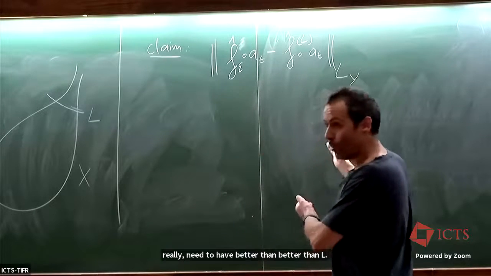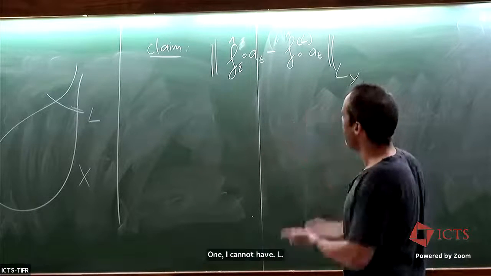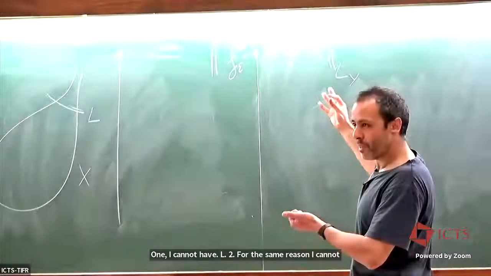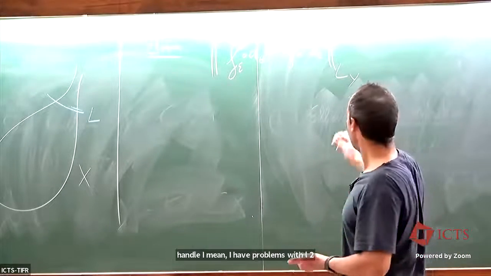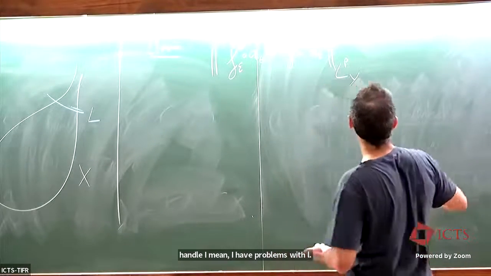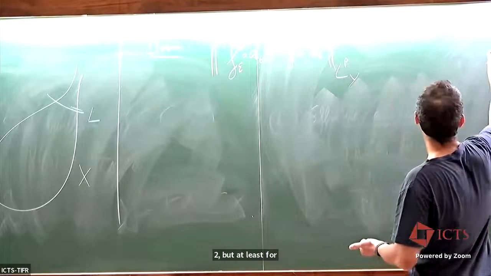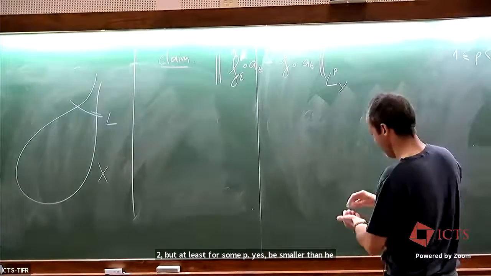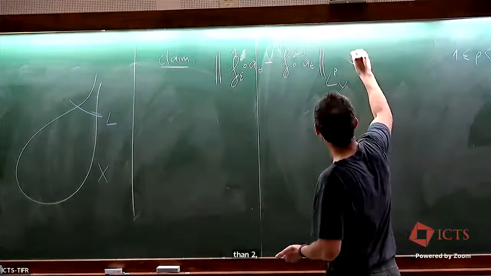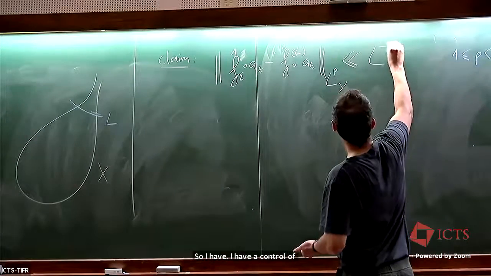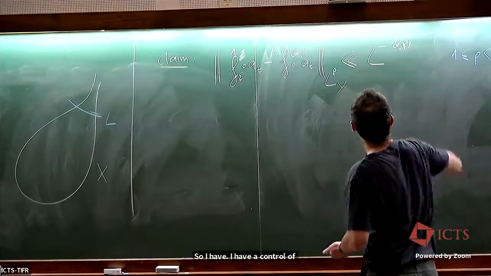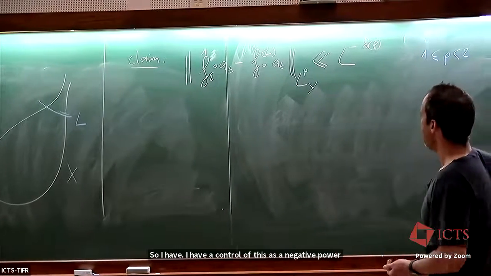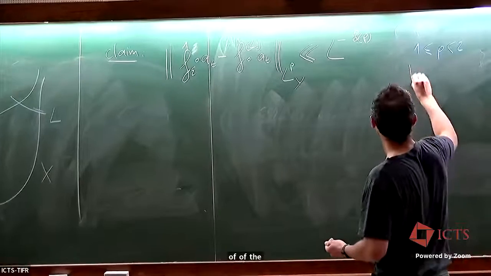I cannot have L2 for the same reason. I have problems with the L2 norm of the Siegel transform, but at least for some p smaller than 2, I have a control of this as a negative power of the parameter L. And again, this holds for large enough T.